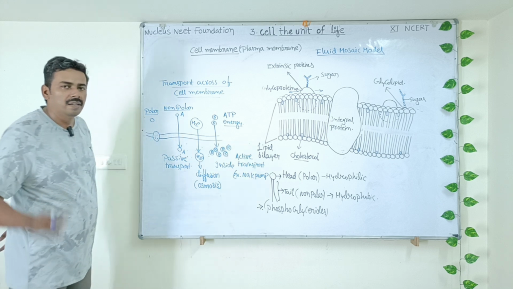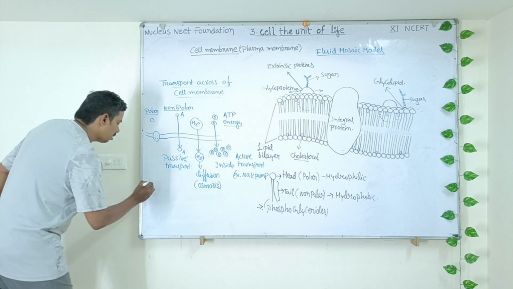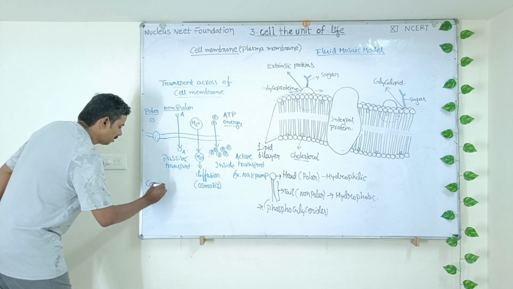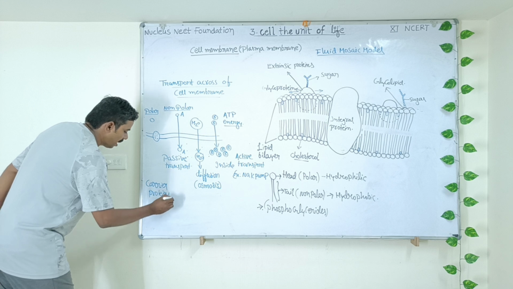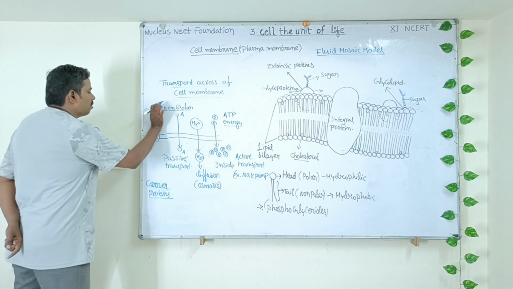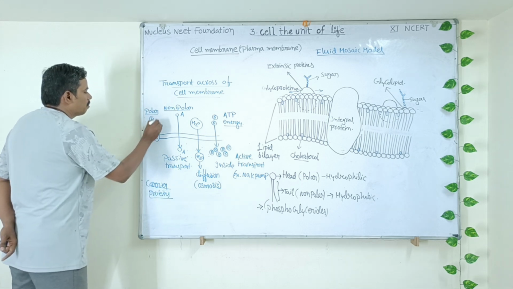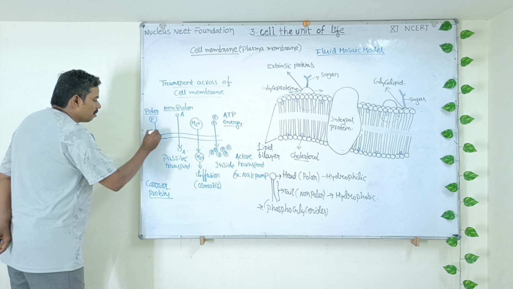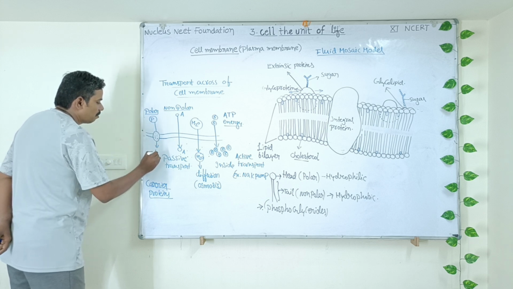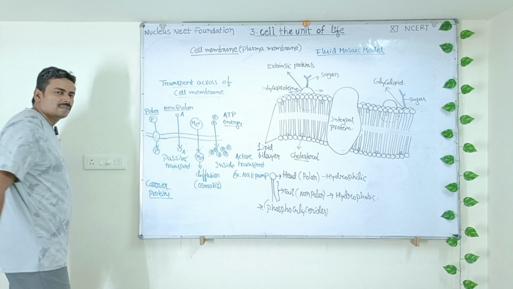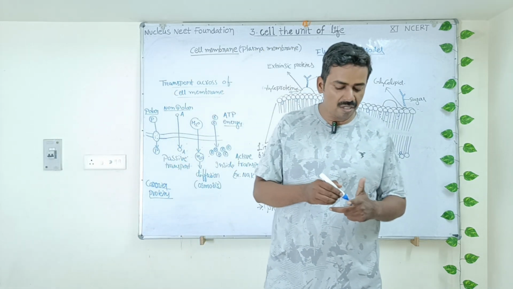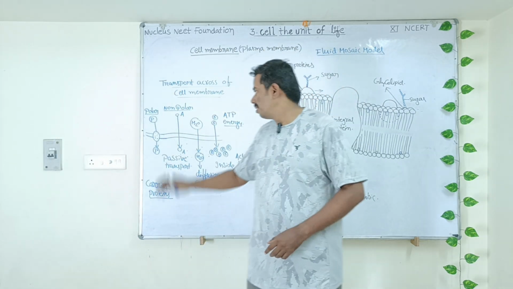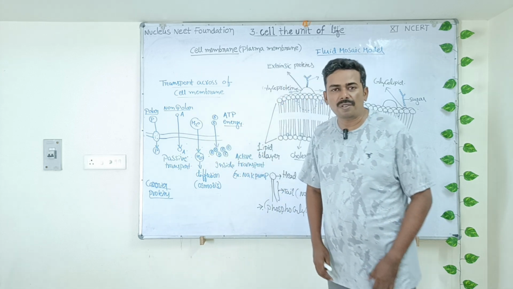What are the proteins called? Carrier proteins. By using these carrier proteins, the polar molecules can move across the plasma membrane. Understood, students? This is the concept about transport across the plasma membrane. Copy down this. Very important for your NEET exam.